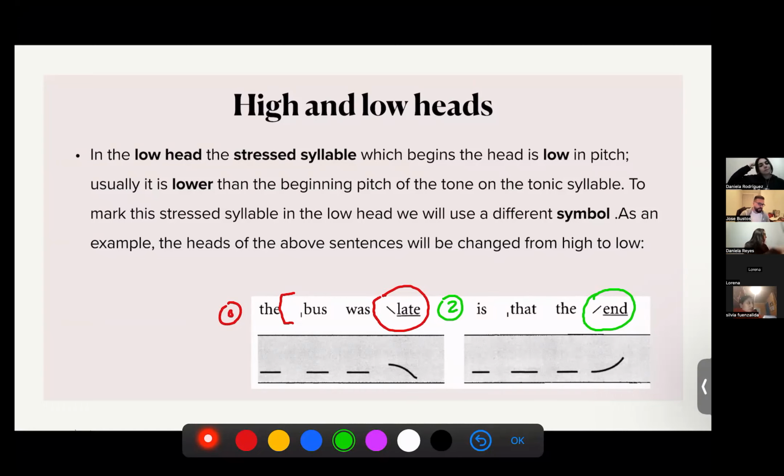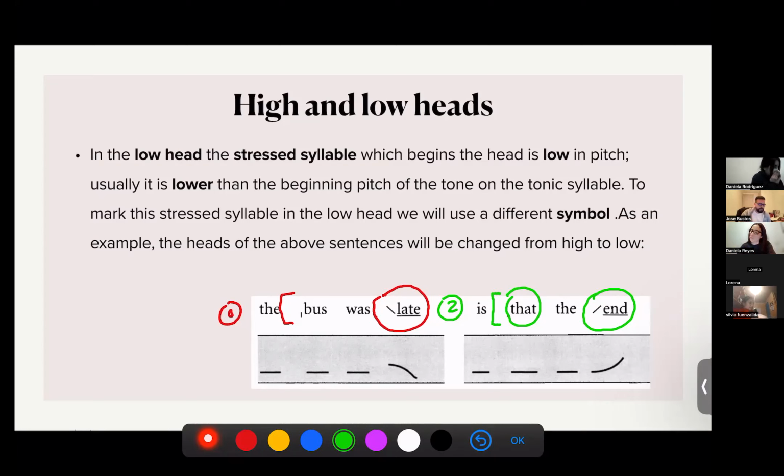Okay. Now, Ms. Rodriguez, how would you pronounce that one? Is that the end? Yes. Very good.